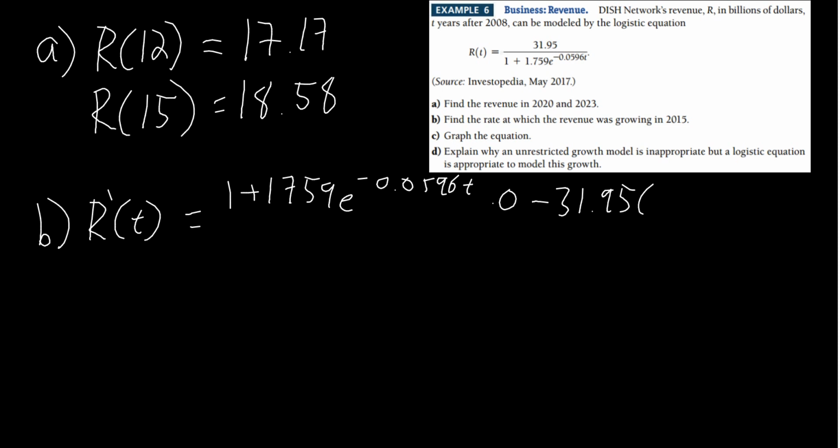All right, so I can differentiate these in groups. Well, the derivative of 1 is 0, so I have to include that. But I have to do the derivative of this. Well, that's pretty easy.